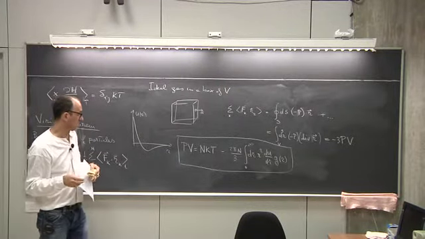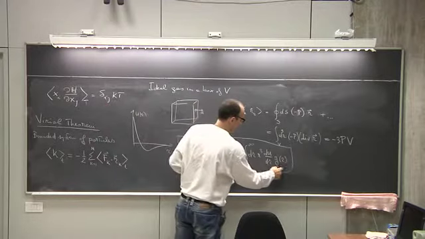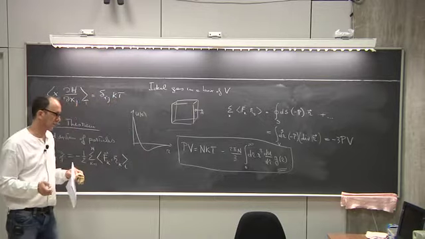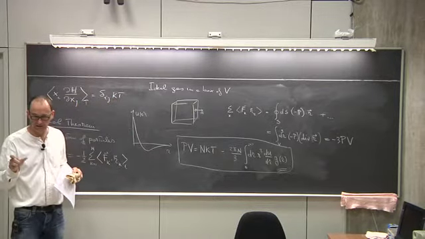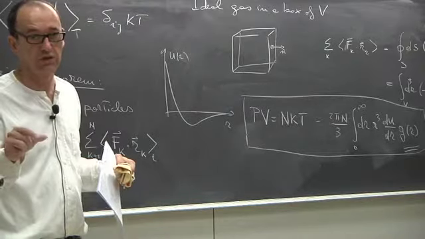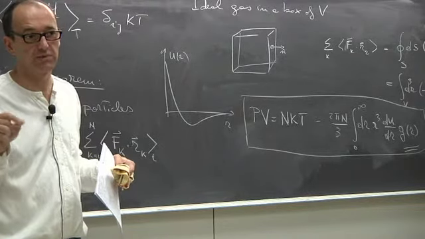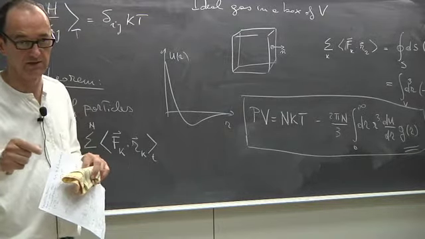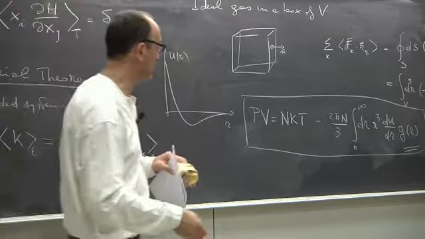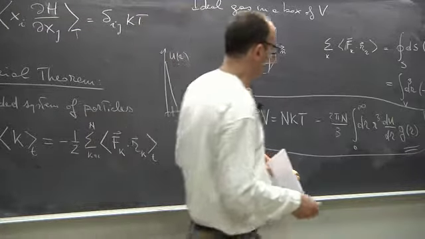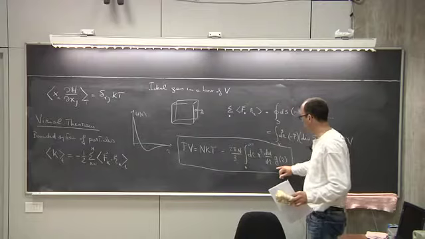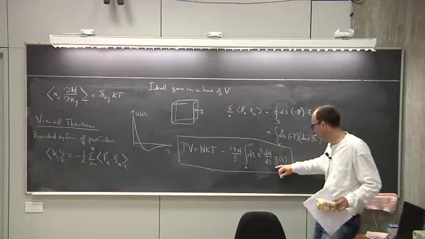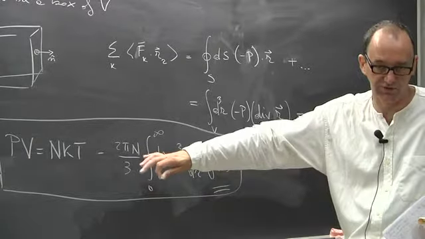Now g of r instead is the two-particle density, the two-particle correlation function. It measures the probability to find two particles at a distance r. If you know this quantity, then you can compute the equation of state.